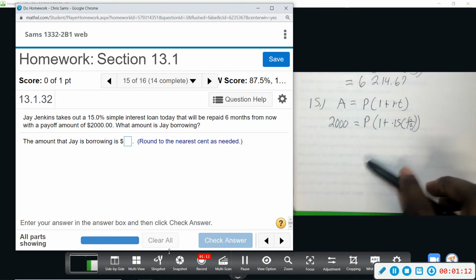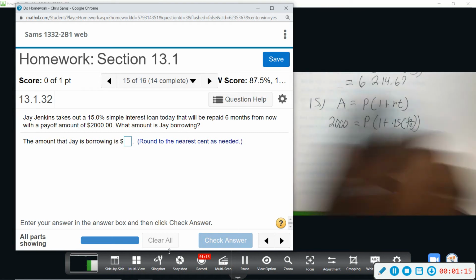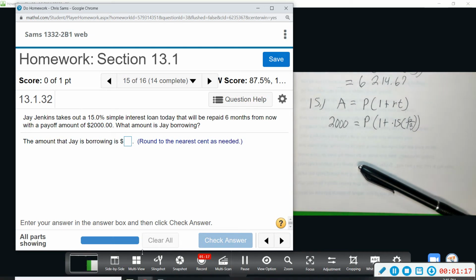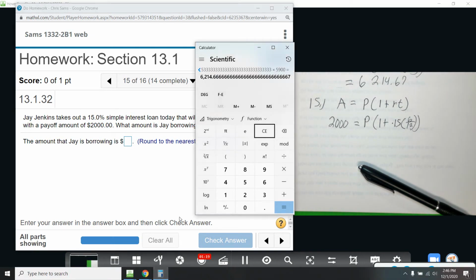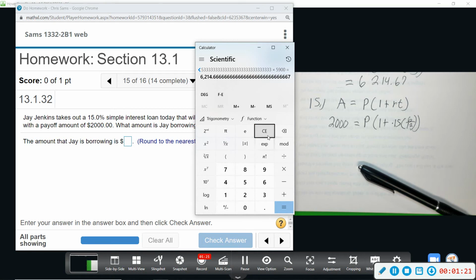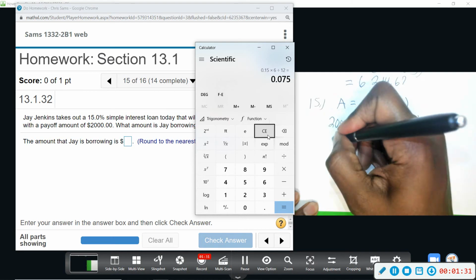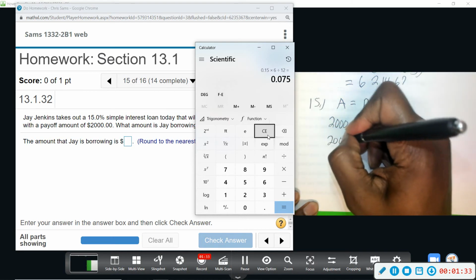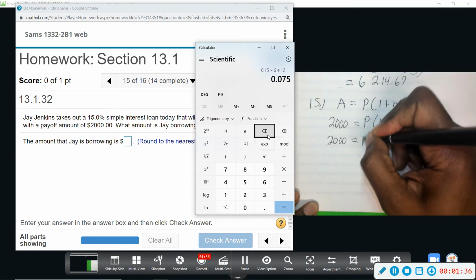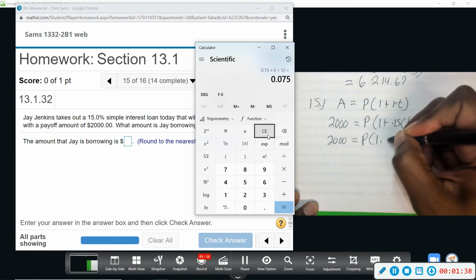So we're going to simplify this first. We're going to do 0.15 times 6 divided by 12, and that gives us 0.075. So we have 2,000 equals P times 1.075.